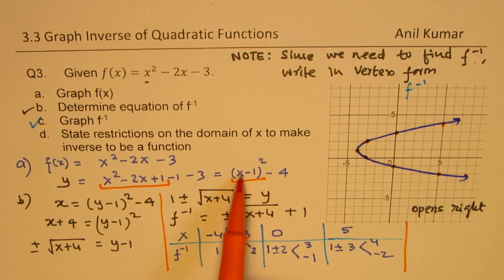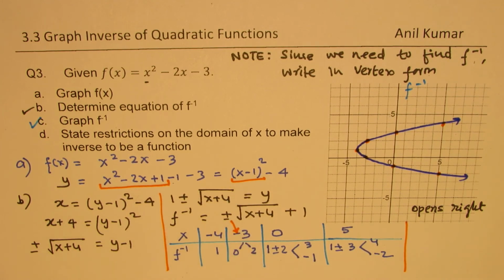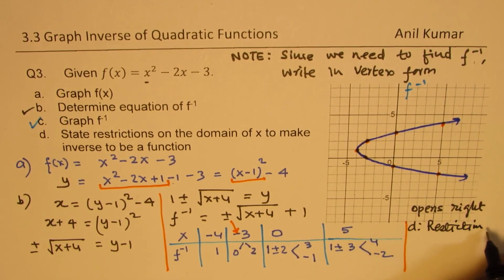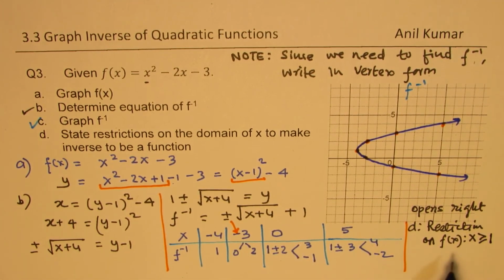So we could take one side of the graph of the function. So in part D, we'll make a restriction on f of x, that is, we'll say x greater than or equal to 1. So that is the restriction.